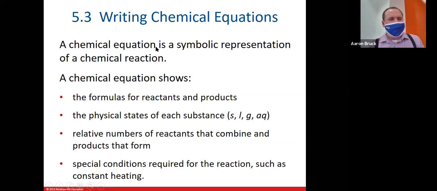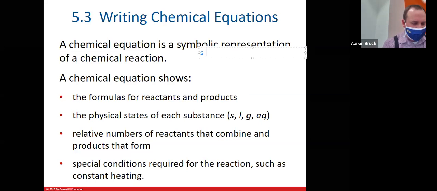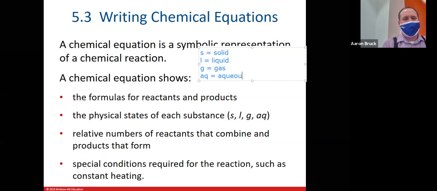And so, just as a little key here, S refers to something in the solid state, L refers to something in the liquid state, G refers to something in the gas state, and AQ refers to something in an aqueous form. Does anybody remember what aqueous means?